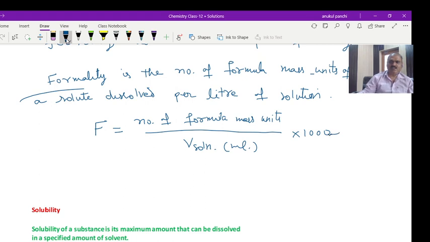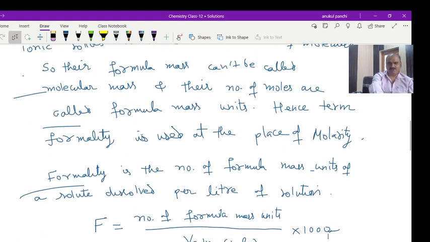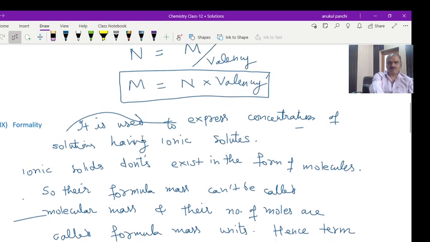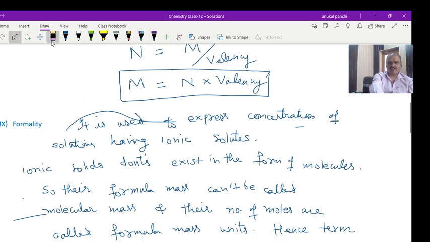If we see deeply, number of formula units is number of moles in case of covalent solutes. So mathematically no difference is there. You can calculate by using formula of molarity, answer will be same, but technically it is different. I think you got it. So these are the two terms which are also used to express concentrations of solutions.